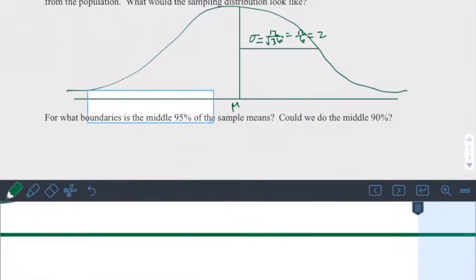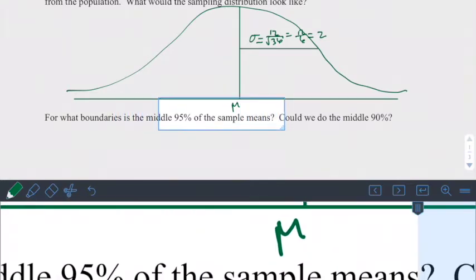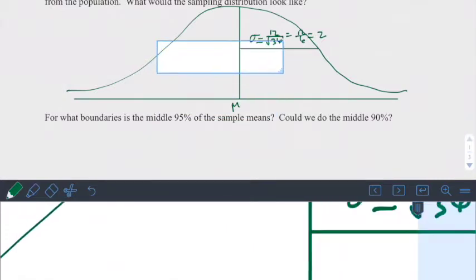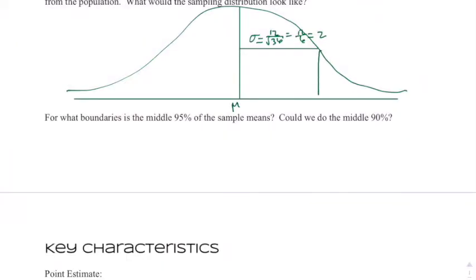So what boundaries is the middle 95% of the sample means? Well, remember we have that empirical rule where 2 standard deviations from the mean is 95% of the data. So here's one standard deviation, that's 2, and this is 4.